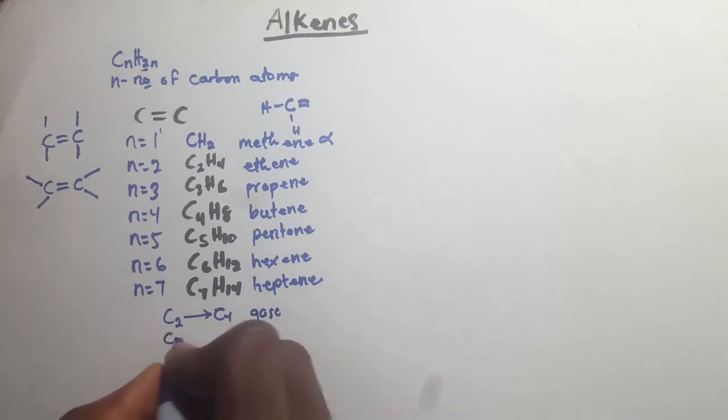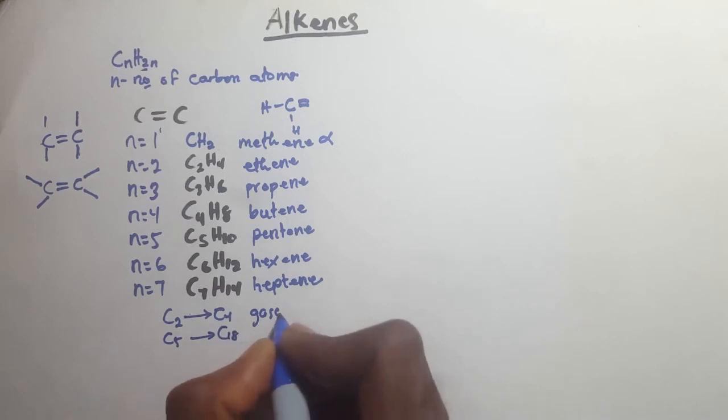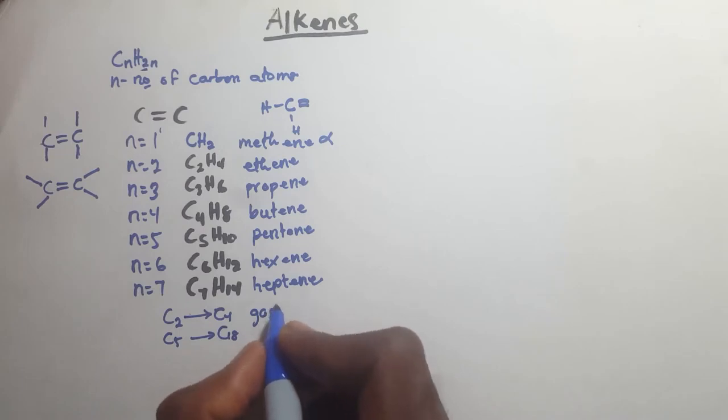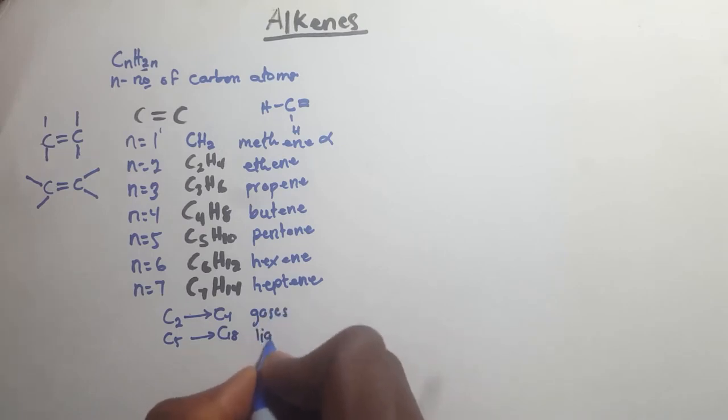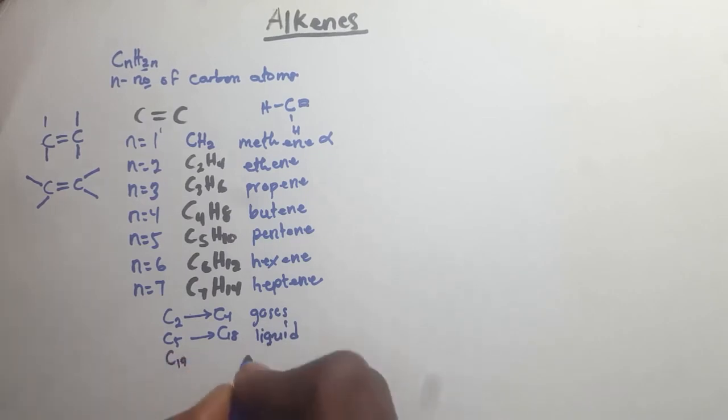Then C5, that is pentene, to C18, alkenes with up to 18 carbon atoms, exist as liquids. Then alkenes which have 19 carbon atoms and above exist as solids.